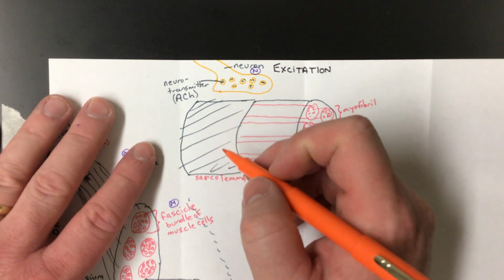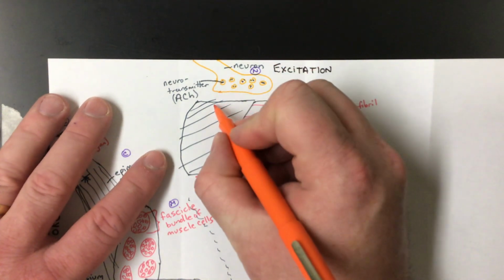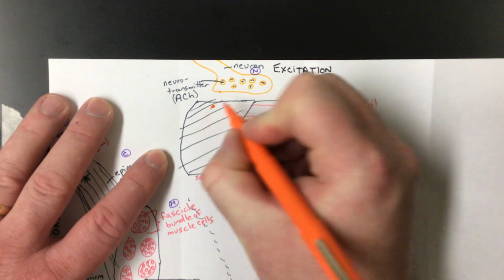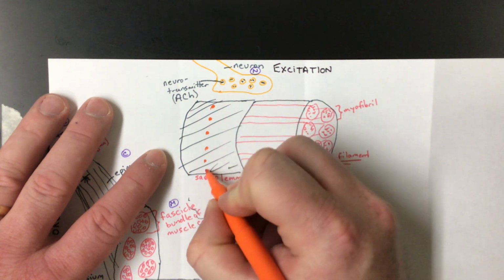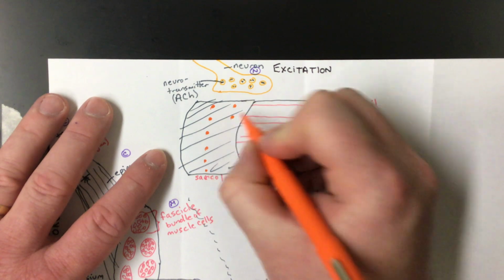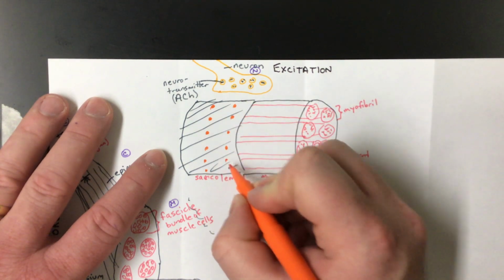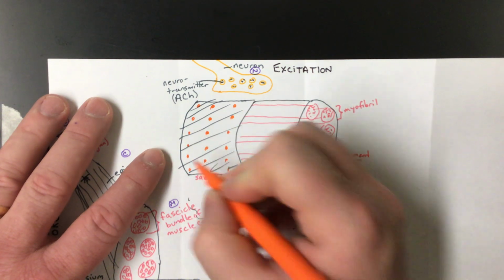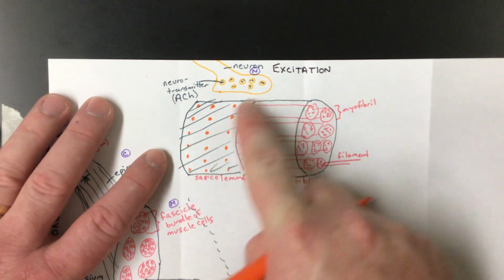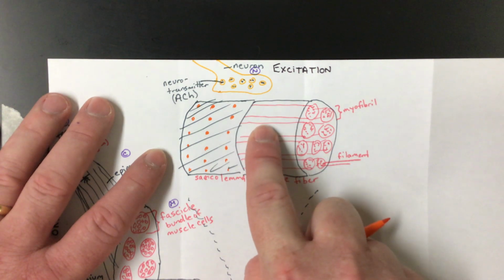Now, some of these structures are called T-tubules. So T-tubules make a network of kind of like holes in the sarcolemma. So I'll draw some of those and imagine these going into the muscle, and that's why we had to pull away the sarcolemma over here to see what's going on.